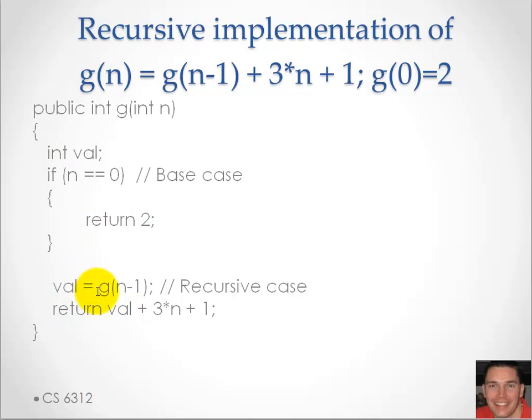What does val equal? G sub n minus 1 plus 3 times n plus 1. So when we come down here, this is our recursive case, and we have to be able to solve the smaller case. So this method is going to end up calling itself. This is the implementation of this recursive mathematical formula in code.